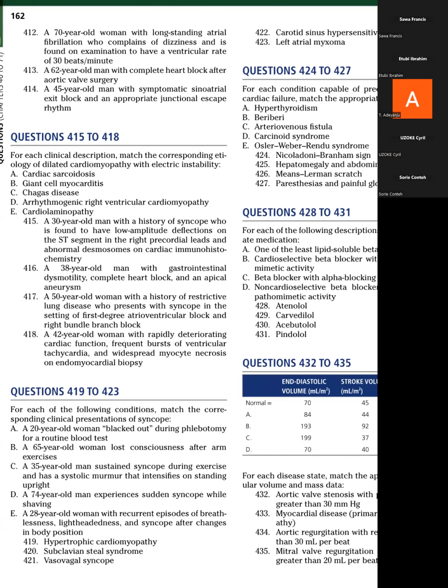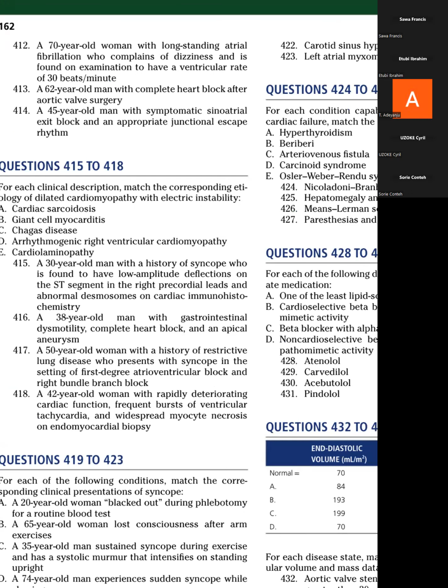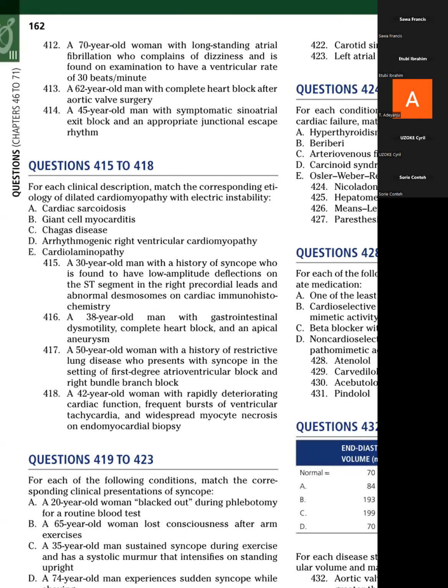Okay, there's none. Question 412 talks about a 70-year-old woman with long-standing atrial fibrillation who complains of dizziness and is found on examination to have a ventricular rate of 30 beats per minute.